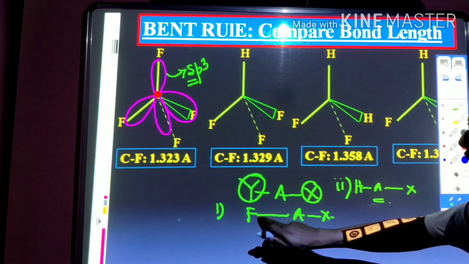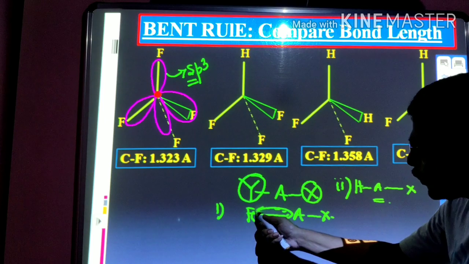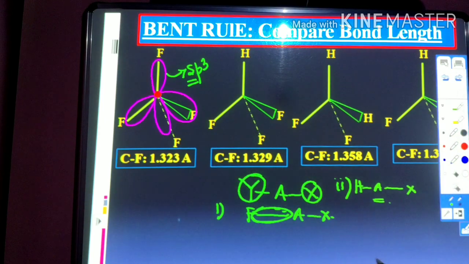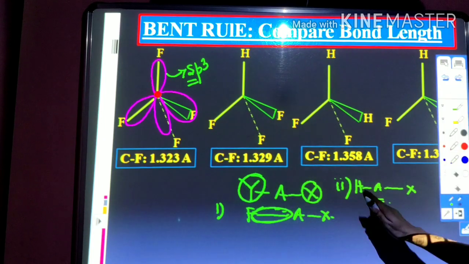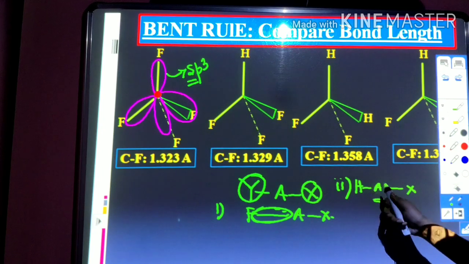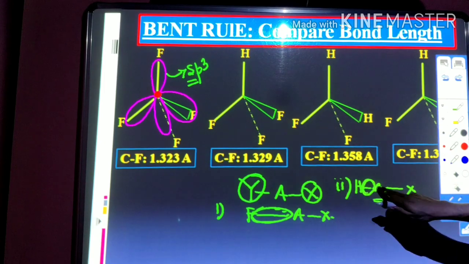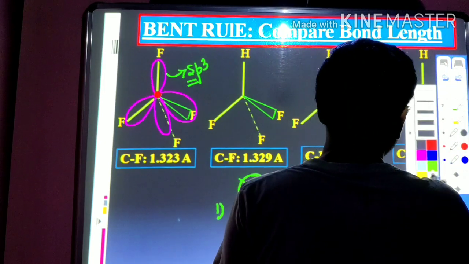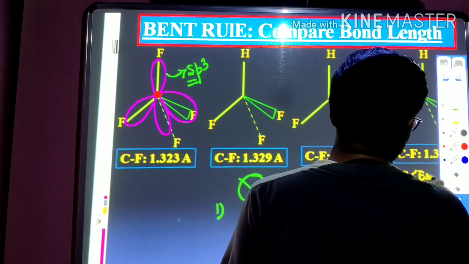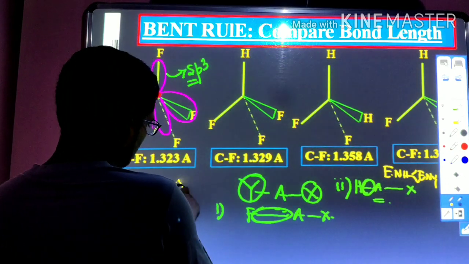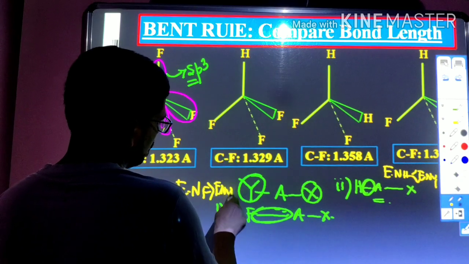If you replace Y by F, this hybridized orbital's percentage of S character will be less, so the bond will be elongated, meaning bond length will be more. And if you replace Y by H, the percentage of S character will be more, like spherical. Here I will write one thing: the electronegativity of hydrogen is less than that of Y, and the electronegativity of fluorine is more than that of Y.